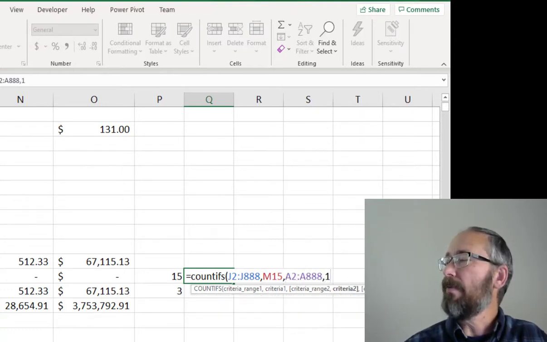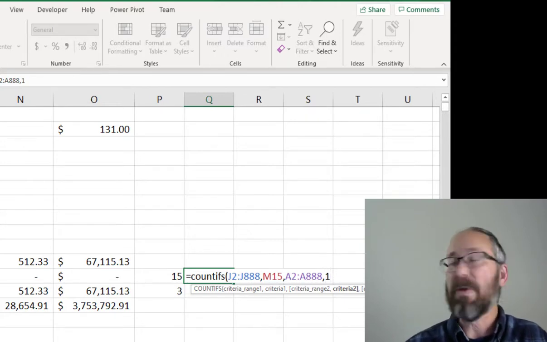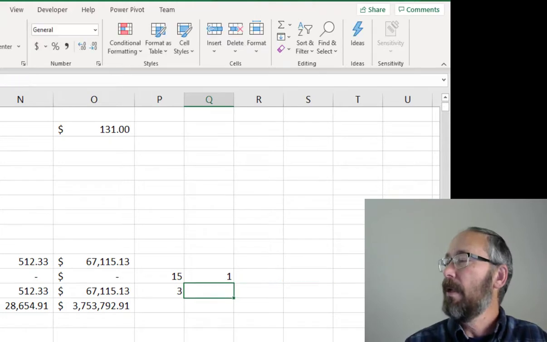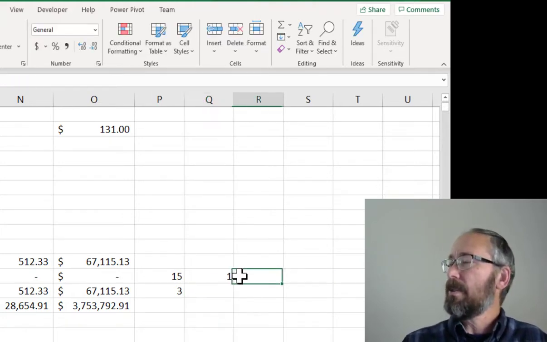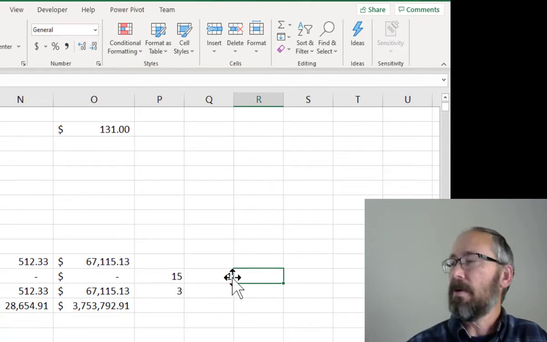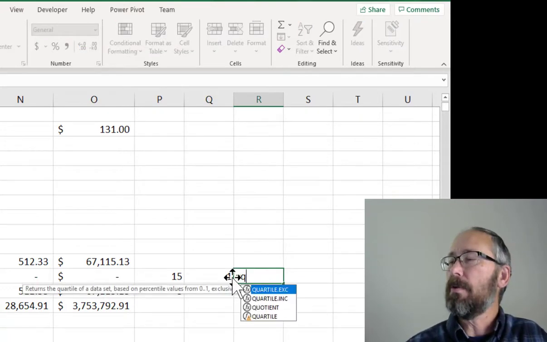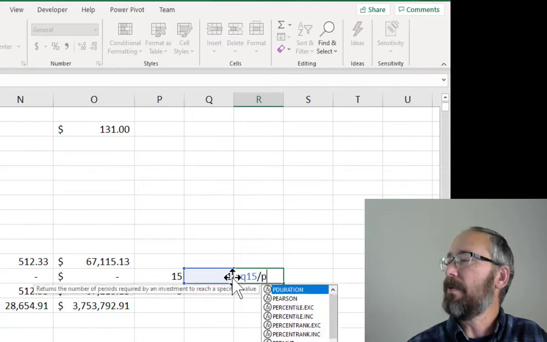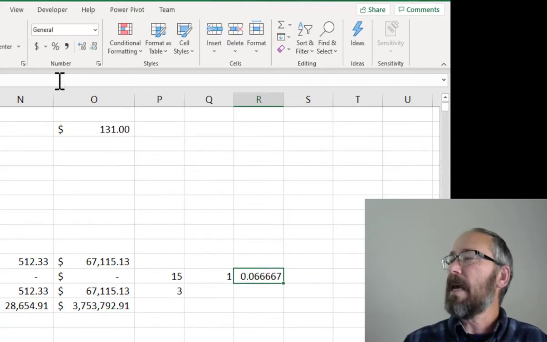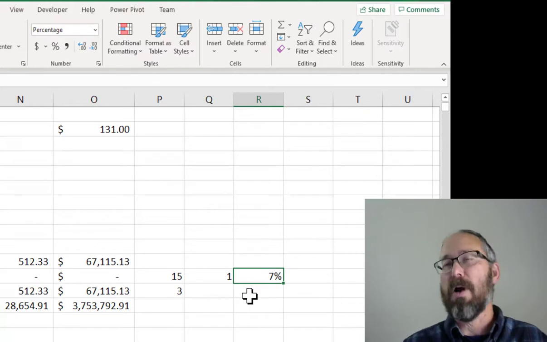And I want to know if that's 1, because that's the dummy variable. 1 is set to indicate that they've survived. Ooh, that's not very good. What's the percentage of that? So let's do equals Q15 divided by P15 and set that to a percent. We'll just round off to a whole percent, 7%.